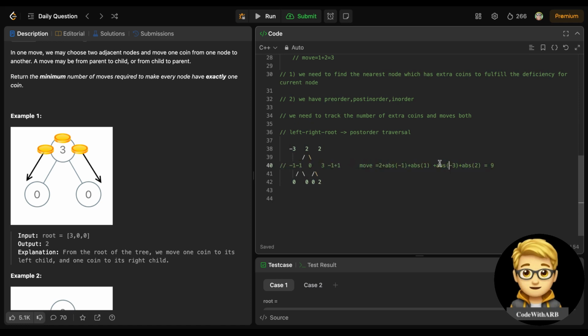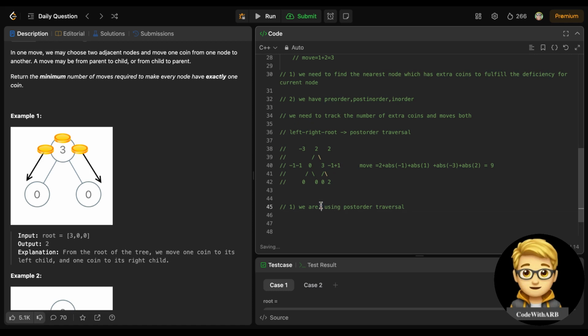So this is how we will solve the question. So basically what we need to do is traverse using post order traversal. I don't know why I'm saying pre-order again and again. It's post order traversal.